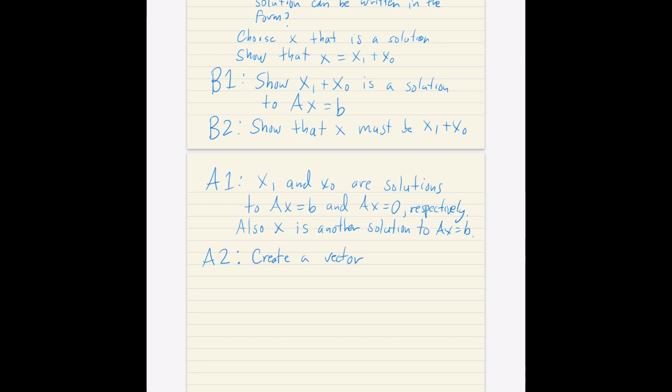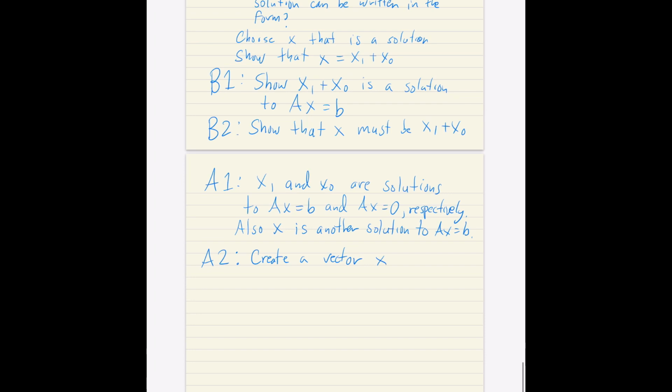And here's where we get a little bit clever. So we know what x is, so based on x, we have to do something to it. So we know that Ax equals b is a solution. So if we create a vector x, we've got to do a little bit of math here. So I know that x is equal to x1 plus x naught, but we want to do something to x. What we can do is subtract from it.